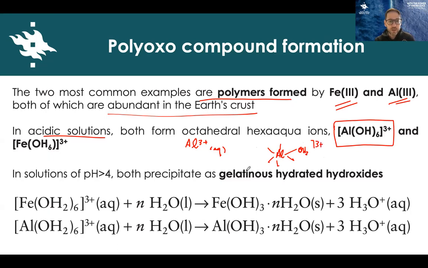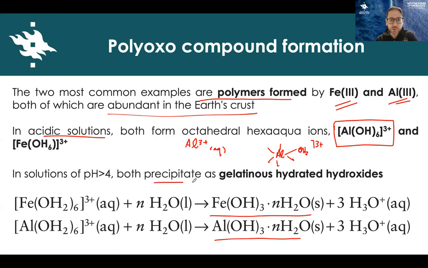So what happens when the pH is increased beyond 4, so we increase the concentration of OH- in solution, and this leads to the precipitation of these complexes. So we start to have condensation reactions occurring, leading to the condensation, for example, of the hydroxyl species.